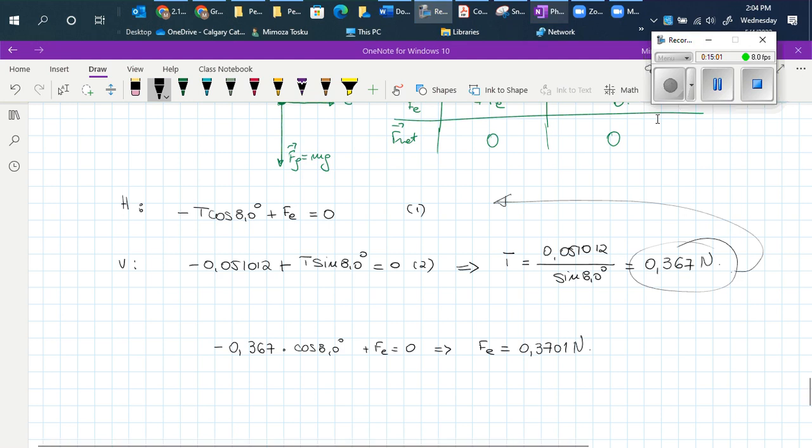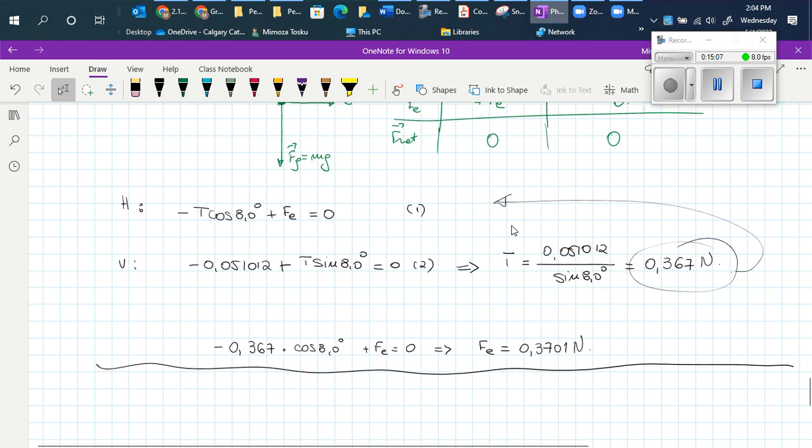So now, in that relationship that we started with, Fe is equal to Kq squared over R squared. Now we do know what the electrostatic force is, 0.3701. We do know Coulomb's constant from the data booklet.